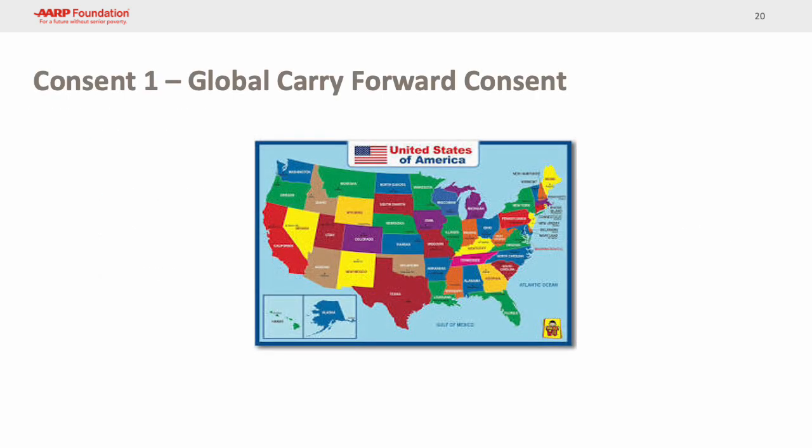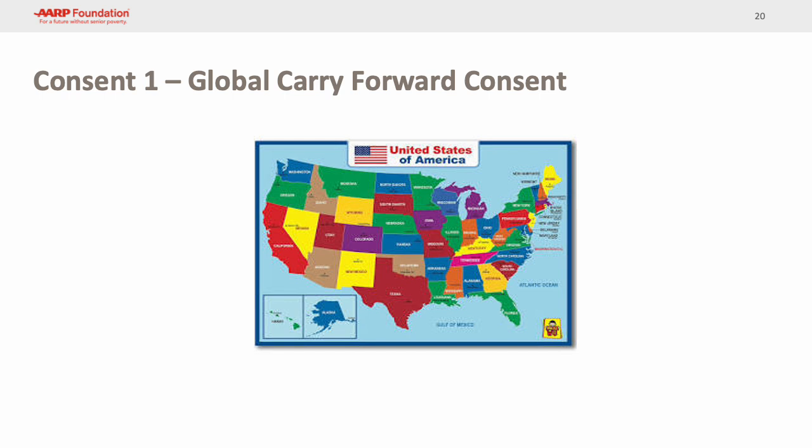Okay, global carry forward consent. So if a taxpayer has their taxes prepared at a Tax-Aide or a VITA site and goes to a different Tax-Aide or VITA site the next year or beyond, now the counselors at that site may be able to import basic personal information such as name, address, date of birth into the new return, and in addition, information from tax documents filed in past years like employer information found on W-2s.